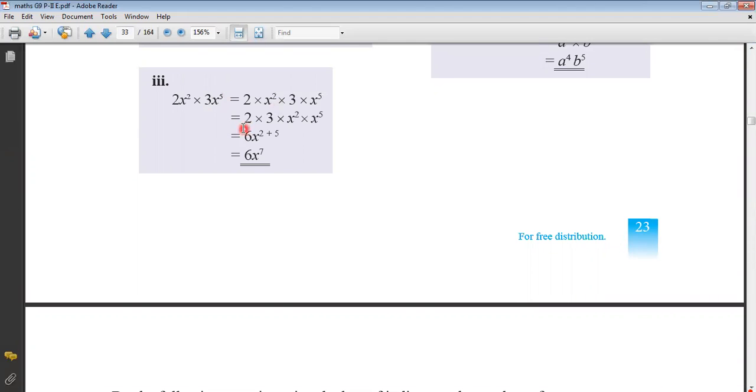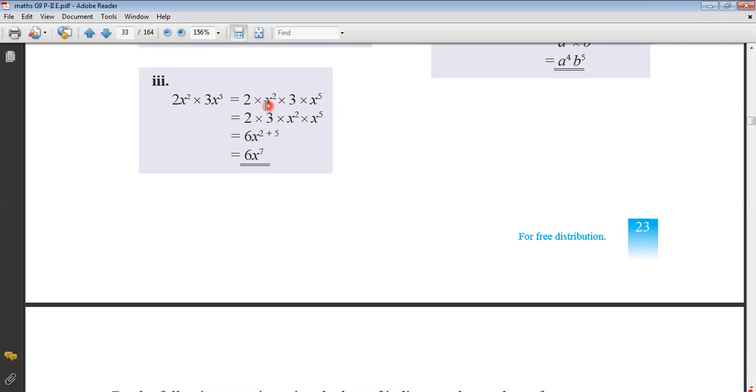Two x squared times three x to the fifth power. So then you can write this in expanded form. 2, write it here, second power of x. 3, write it here, fifth power of x.